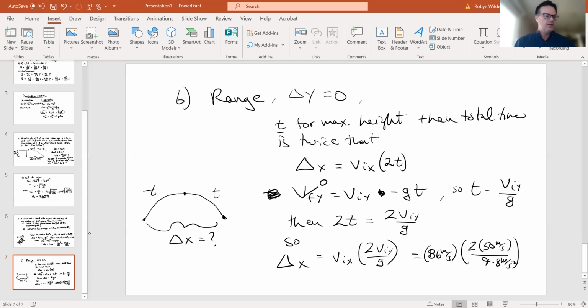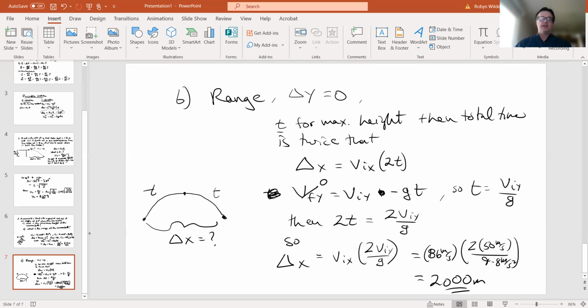It's fairly easy to check the units there, but I do get a distance of 2,000 meters. So the cannonball lands 2,000 meters away horizontally, and we call that the range.